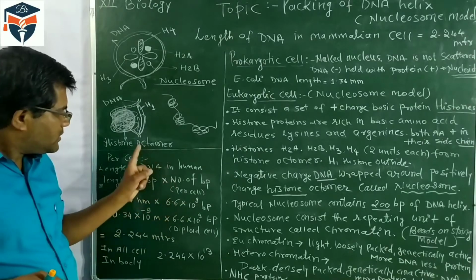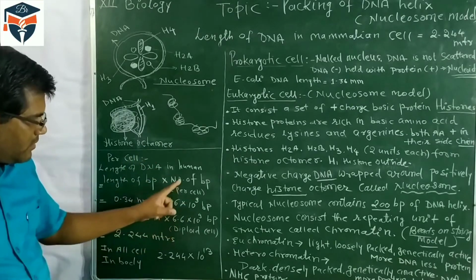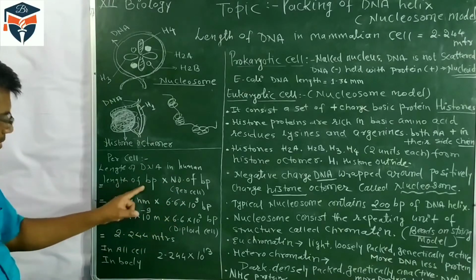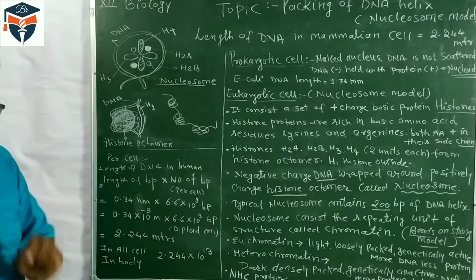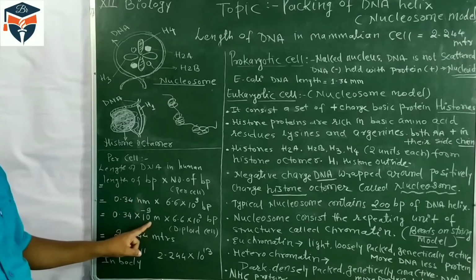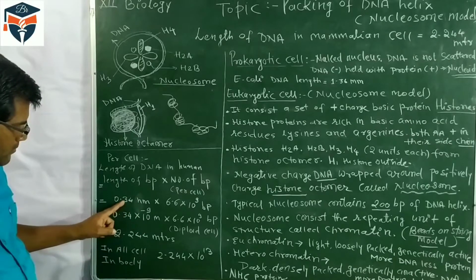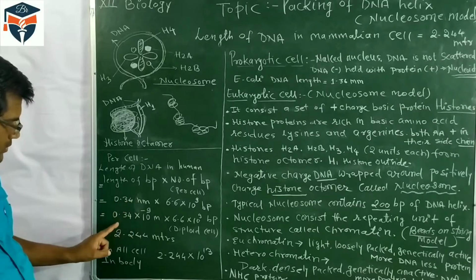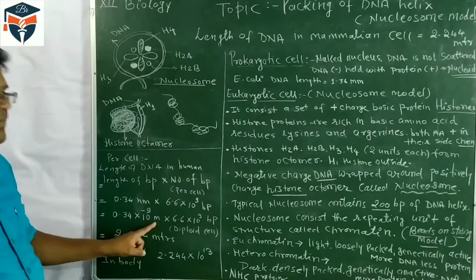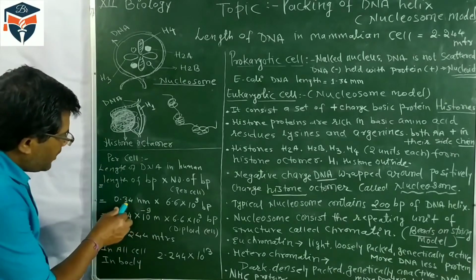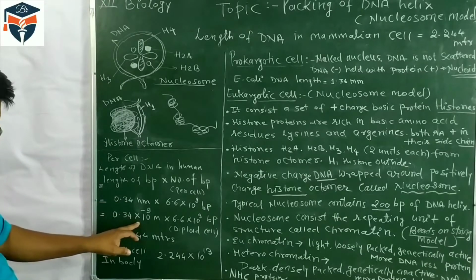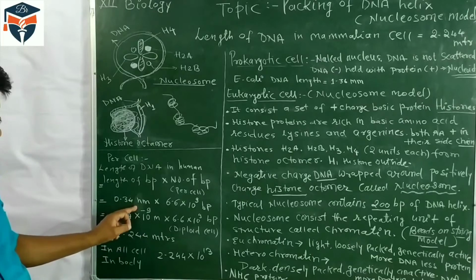So we are taking a cell, it means a diploid cell, with 6.6 into 10 to the power 9 base pairs, and the length of base pair, the distance between two nucleotides, is 0.34 nanometer. This I am converting into meter. 0.34 nanometer is equal to 0.34 into 10 to the power minus 9 meter.